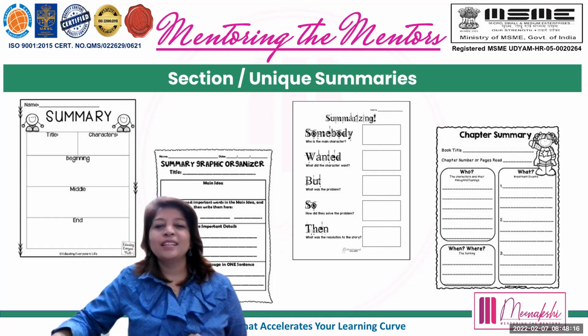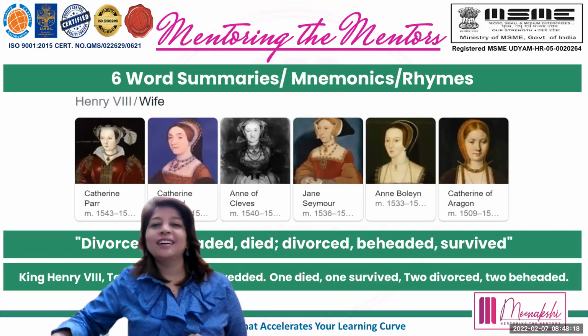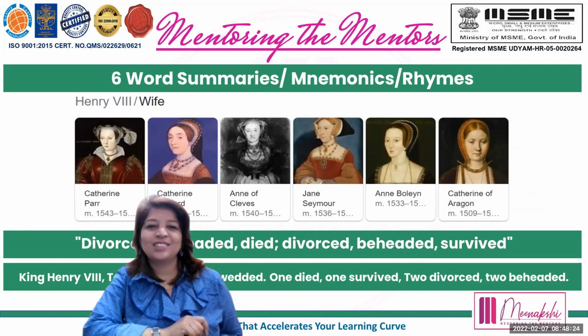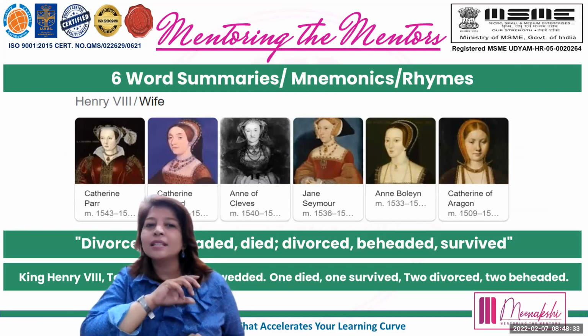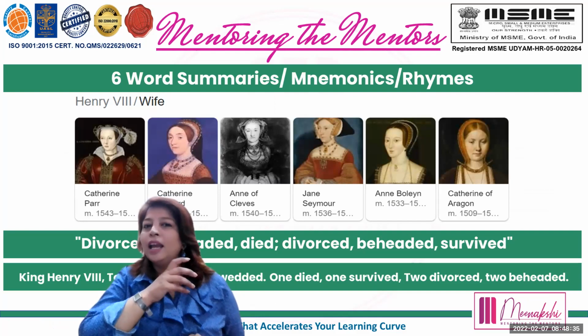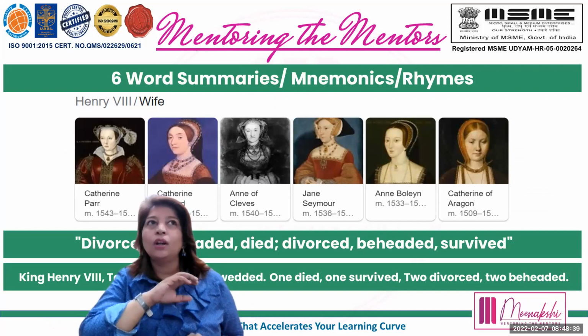Okay, now let's talk about the third strategy for the day. This is my favorite strategy: 6-word summaries, mnemonics, or rhymes. When your children complete a particular story reading, you may ask them to come up with innovative summaries. They can come up with either 6-word summaries, or some kind of mnemonics.